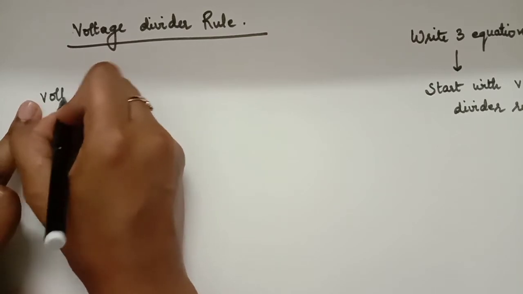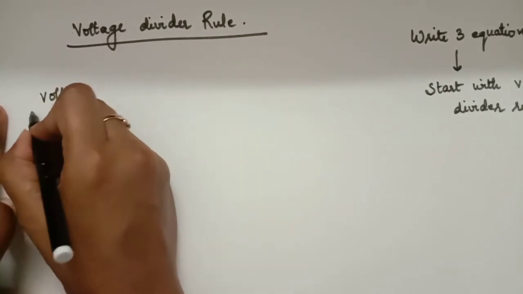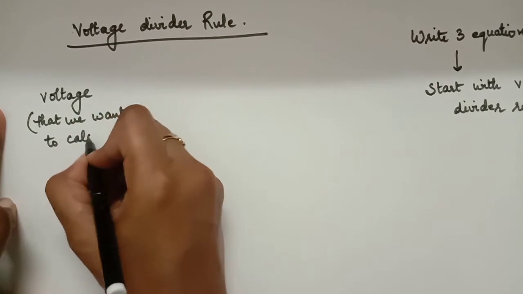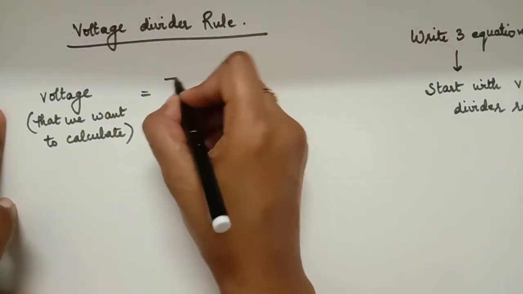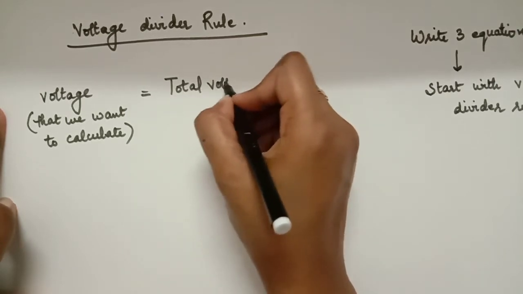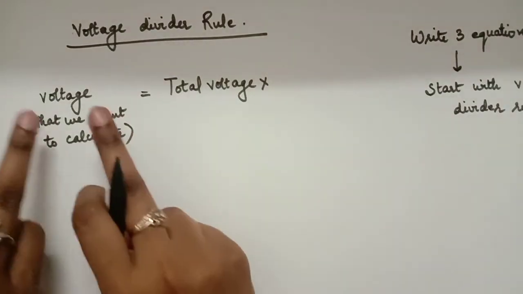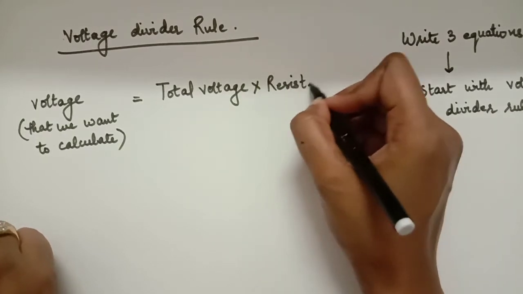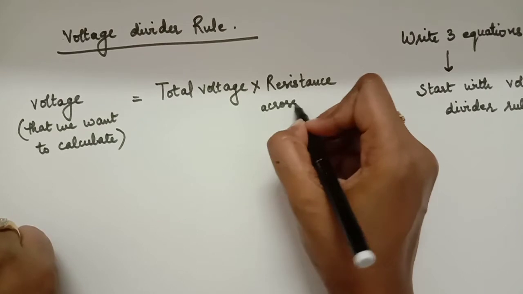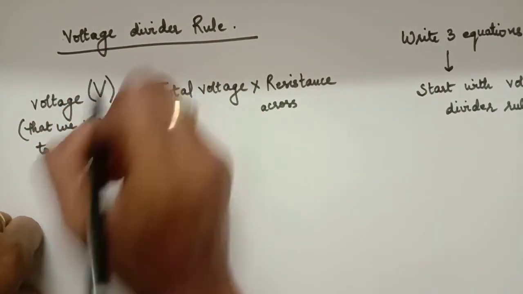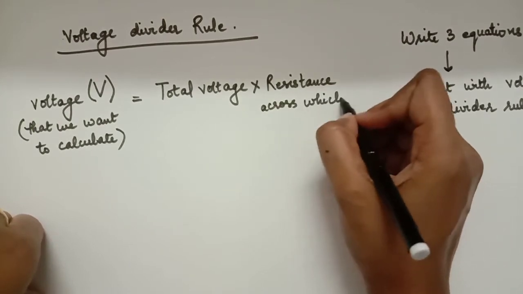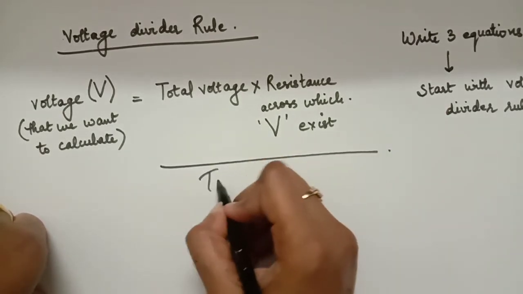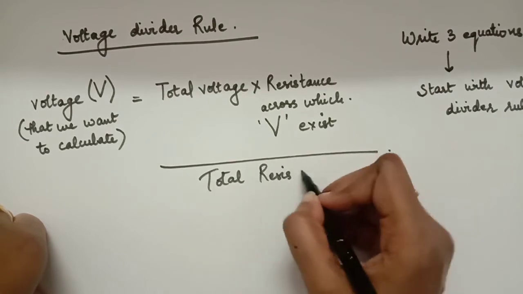The voltage that you want to calculate, let this voltage be capital V, is equal to the total voltage in the circuit multiplied by the resistance across which this capital V exists, upon the total resistance, that means the resistances which are in series.